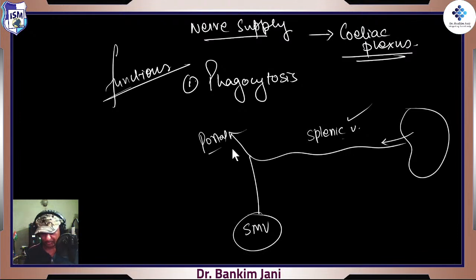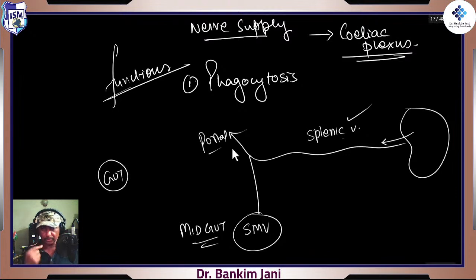Why not? Because superior mesenteric vein is draining which gut? It is draining midgut. And during the development, when the gut was here, there was dorsal and ventral mesogastrium. So you remember we drew it like this.